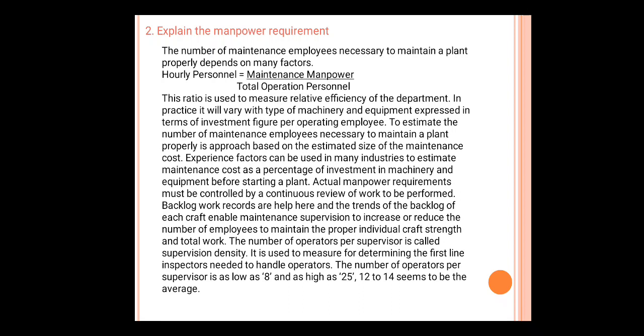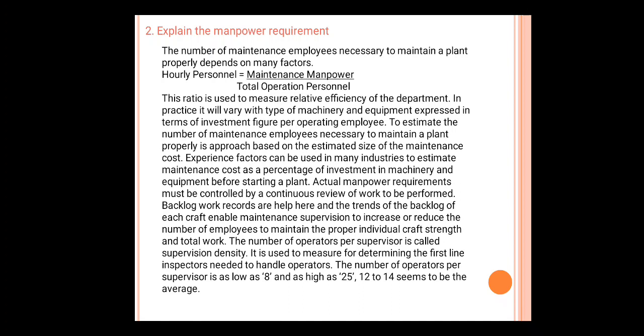Hourly personnel, that is, in terms of hours, can be defined as maintenance manpower divided by total operating persons. This ratio is used to measure the relative efficiency of the department.